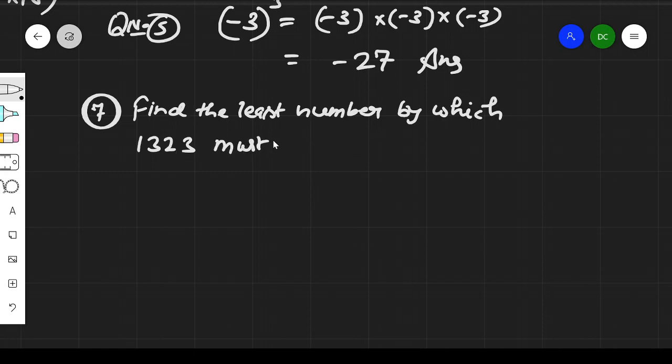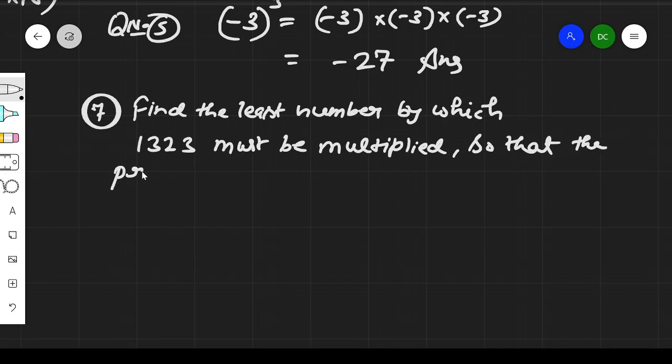The same kind of question I have taken already. By which number must 1323 be multiplied to make it a perfect cube, so that the product is a perfect cube.